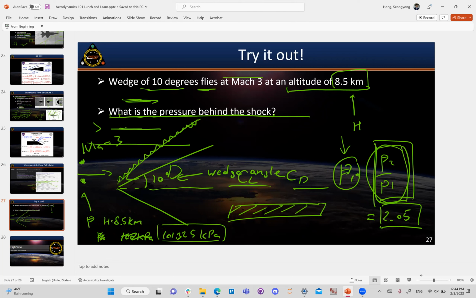Yeah. So you could use the standard atmosphere. You could also use the exponential model. Let's see what the pressure is at 8.5. It's about 100.